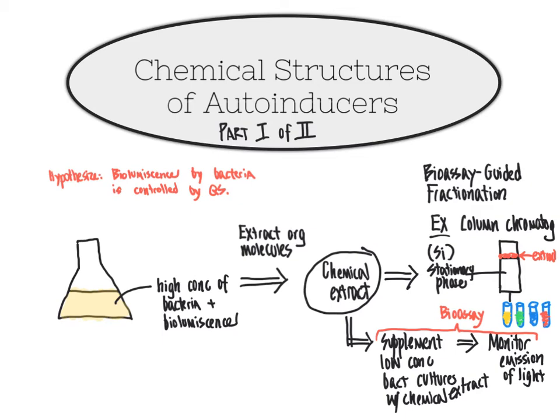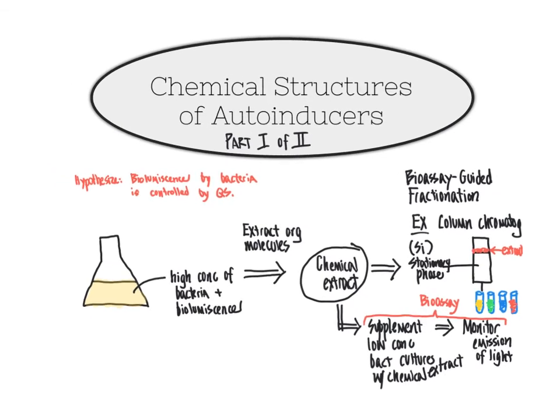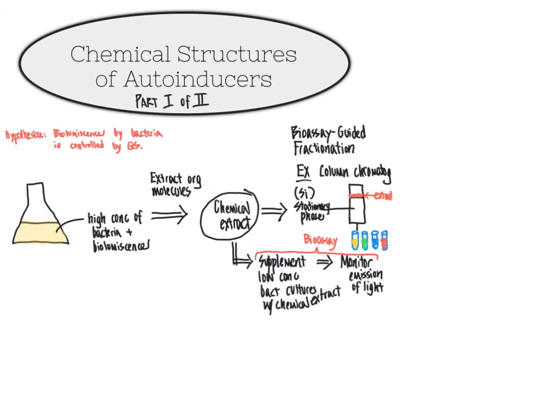And so in order to determine which of those fractions contains the autoinducer molecule, we would take this a step further, getting into that part about this being bioassay-guided fractionation, and we would test each of those fractions individually for its ability to cause the bacteria to emit light.